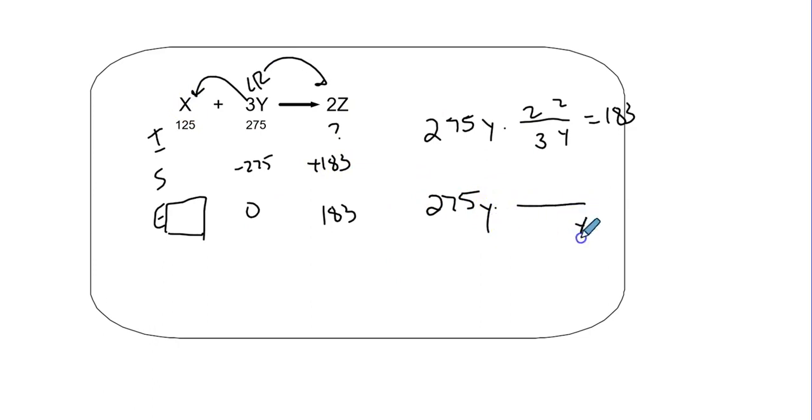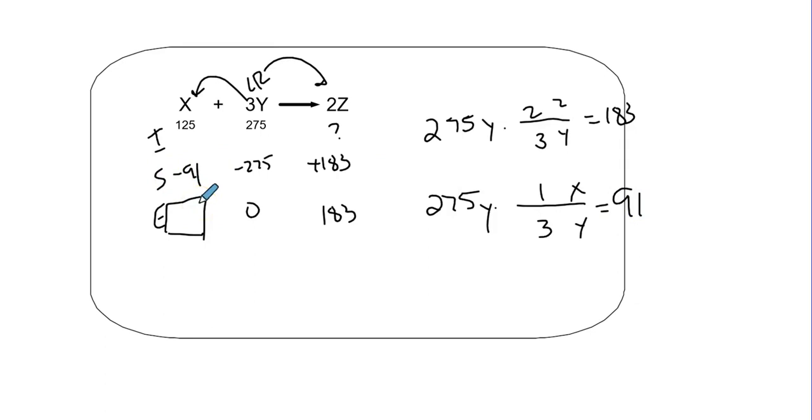Get rid of the Y and go to X at a 3-to-1 ratio. And 275 divided by 3 equals 91.6. Let's just go 91. So this is minus 91.